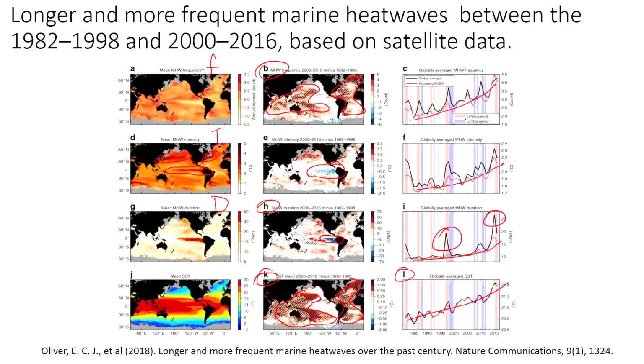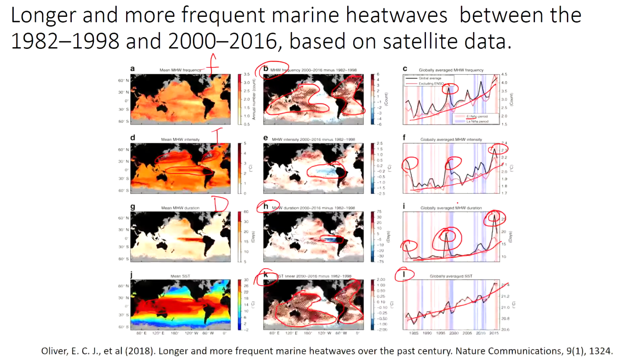The red vertical stripes, these ones here, are El Nino years, and we tend to have more intense and longer extreme events during these El Nino periods.